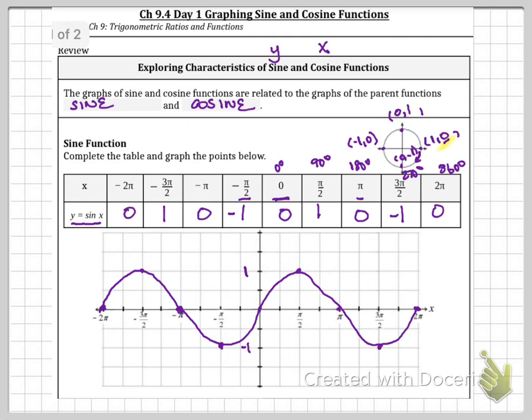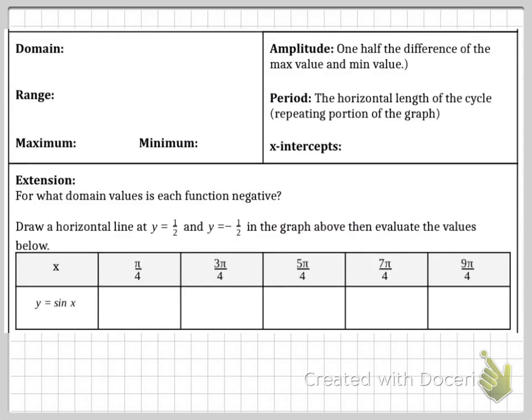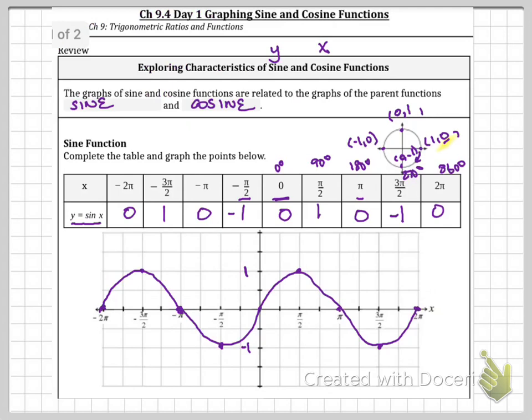Okay, and so actually this is covering what we're going to call 2 periods, but let's take a look at labeling these pieces. So on this side, let's talk about domain. Our domain for a sine function is all real numbers. The range in this case, looking at the graph here, is from 1 to -1.